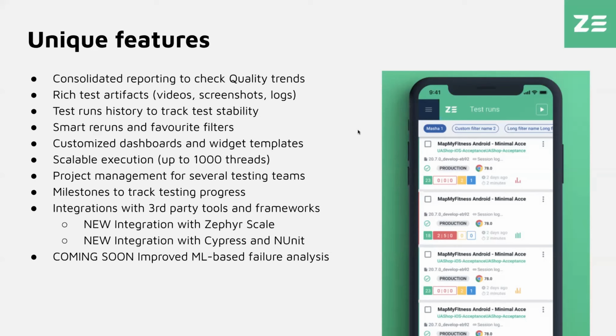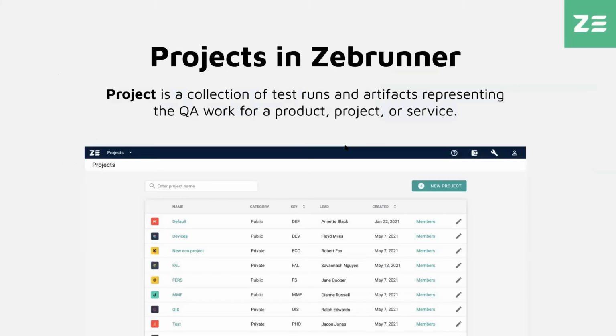One update that's coming soon is improved machine learning and AI-based failure analysis. It will be really easy to automatically detect all the failure reasons for your tests without any manual work. This feature will be released soon.